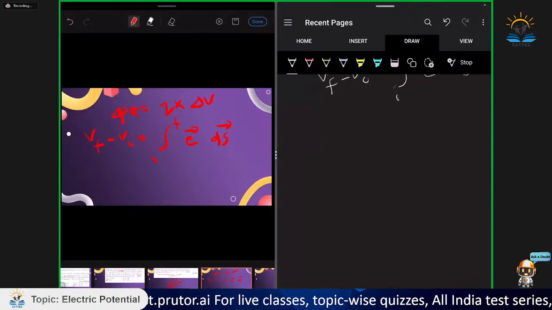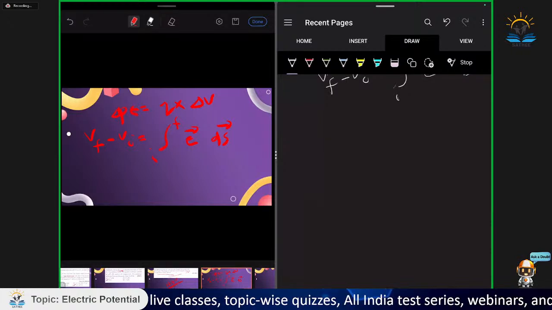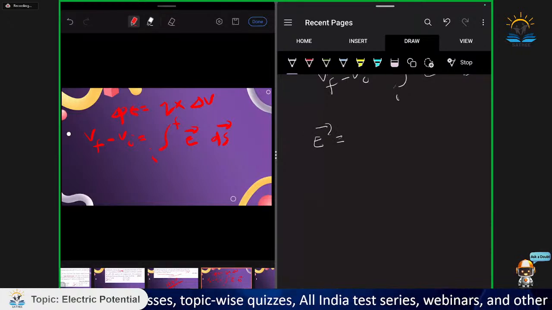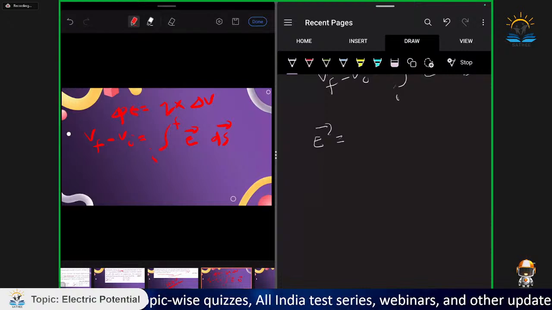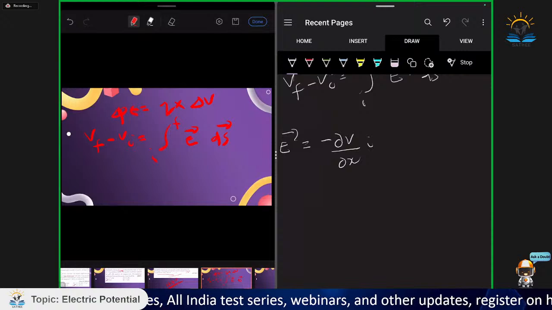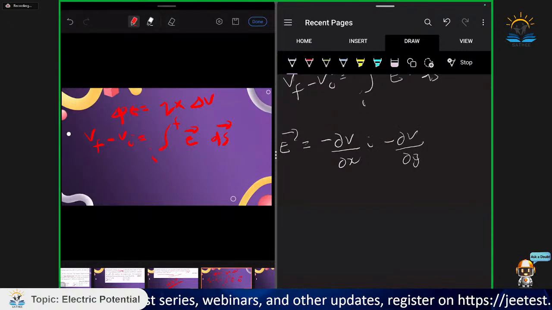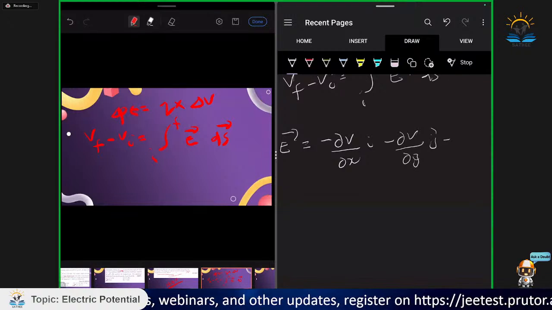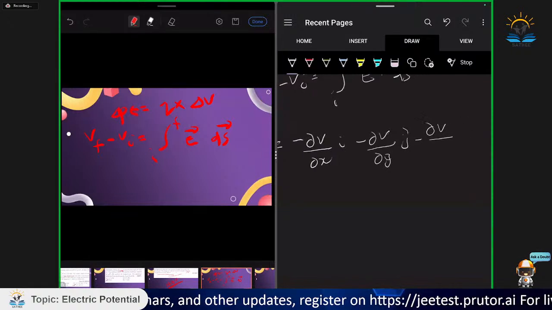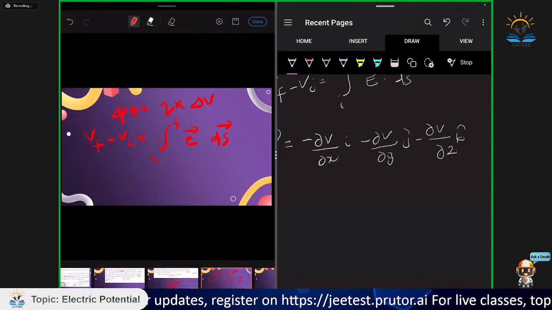And next, from this you have to find out the electric field also. The electric field will be minus del V by del x i cap, minus del V by del y j cap, minus del V by del z k cap.